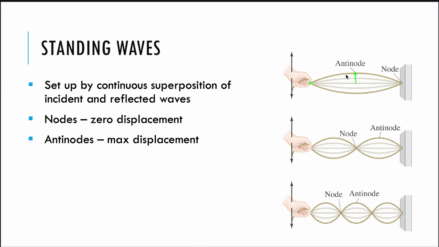Sorry, I got that backwards. The antinode is in the middle. That's the region of maximum displacement. At each end, we have the nodes, which are regions of zero displacement. Depending on how quickly you flick your wrist, you will start to see different patterns with more and more antinodes and nodes.